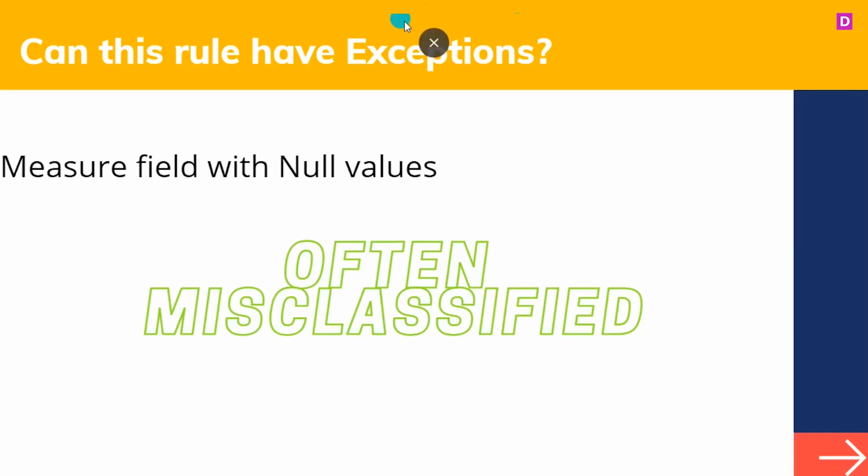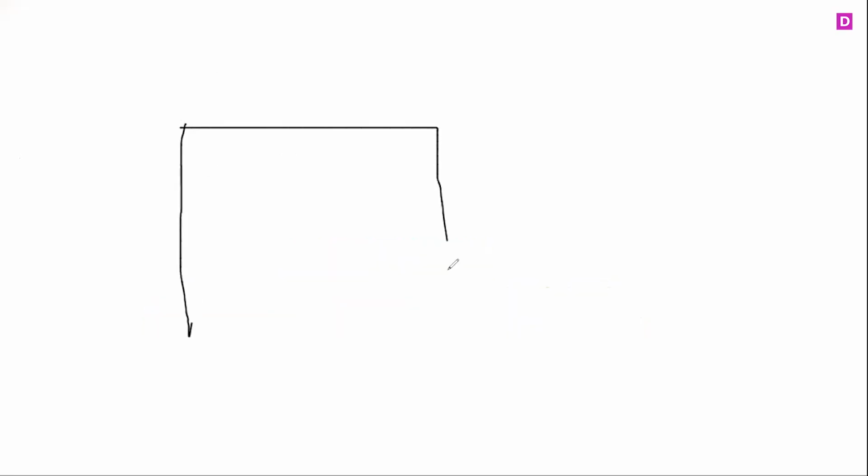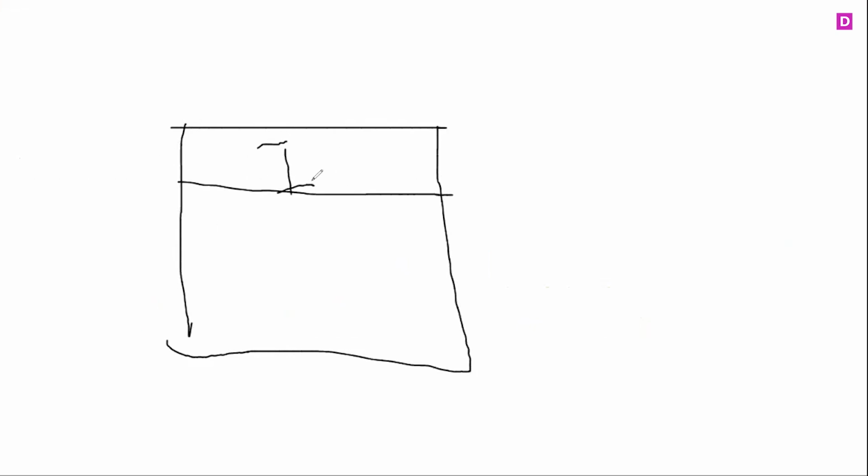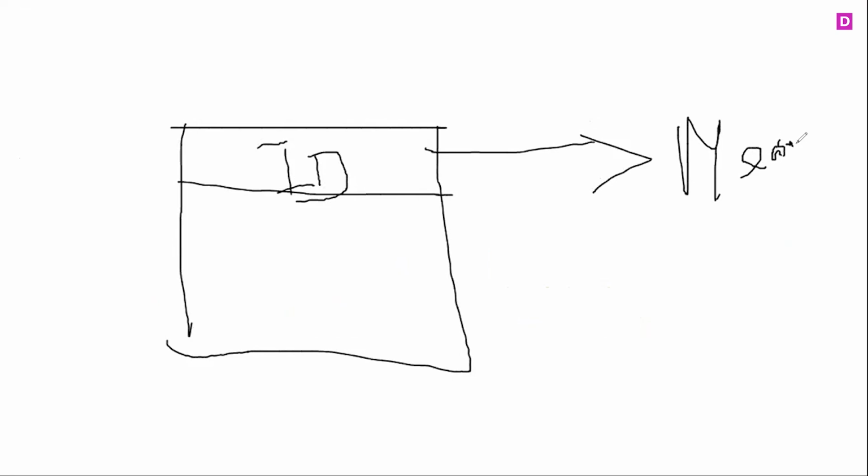So for example, I have this field ID, and this is actually an ID field, so I wanted this to be a measure. Okay, I wanted this field to be identified as a measure.